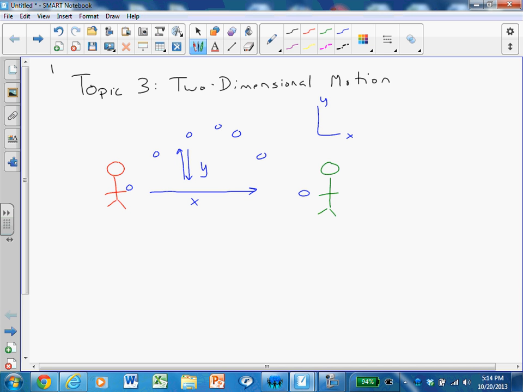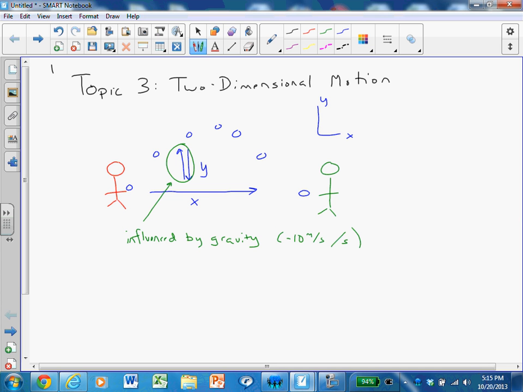The vertical component is influenced by gravity. So the up-down part of that movement is influenced by gravity. And its acceleration is minus 10 meters per second for every second, or minus 10 meters per second squared.